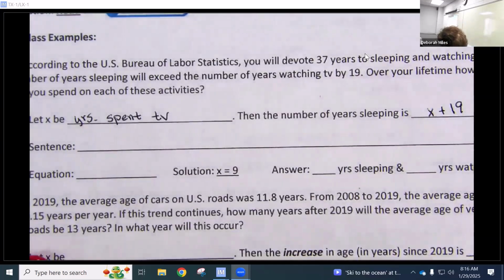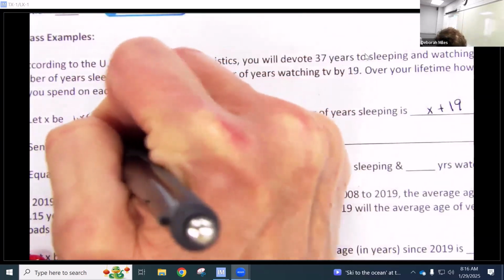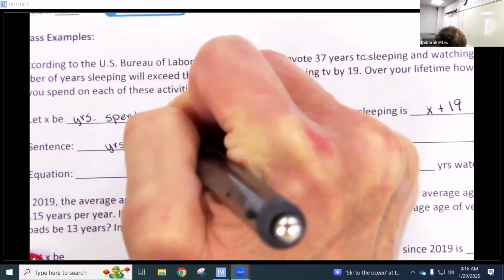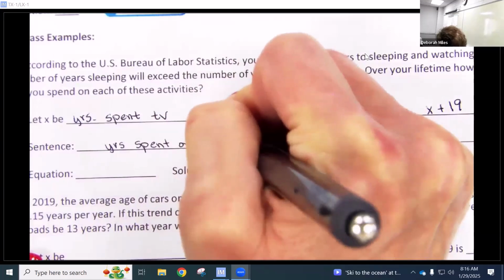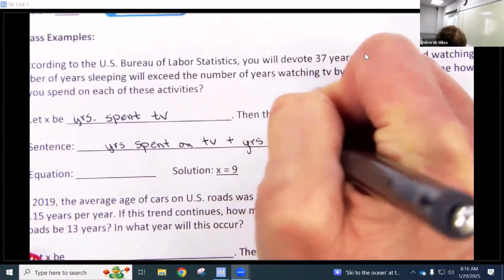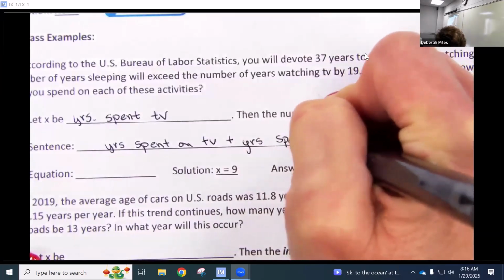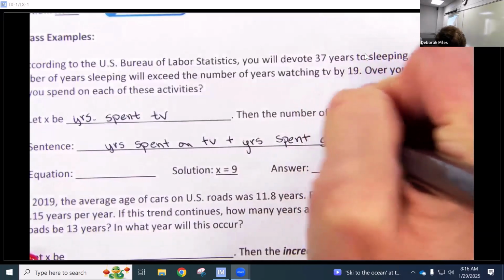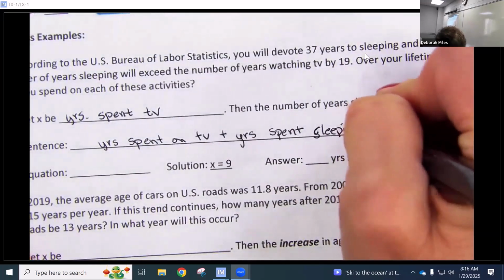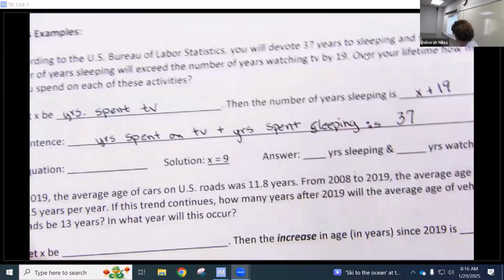So I was thinking years spent on TV plus years spent sleeping, the fastest way I can think to write it, is 37.